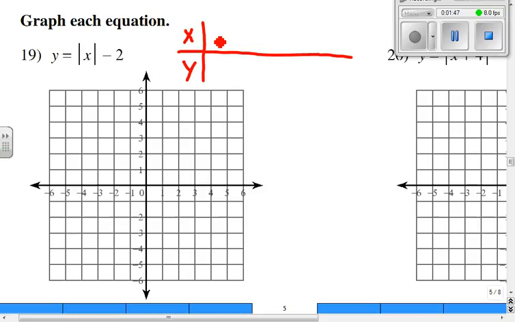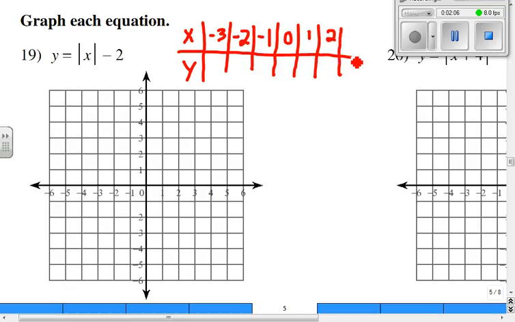Now, we're not given any specific x and y's, so let's use -3 to 3 for our x's. It's a good starting place. It doesn't mean that that's always exactly the window that we want. It just means that it's a good place to start.